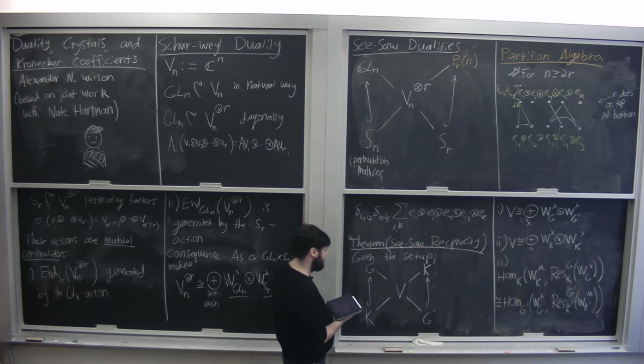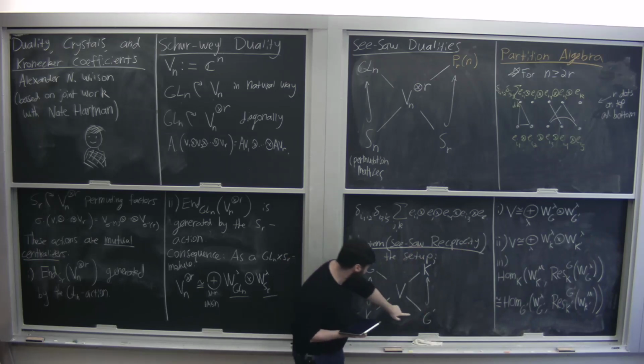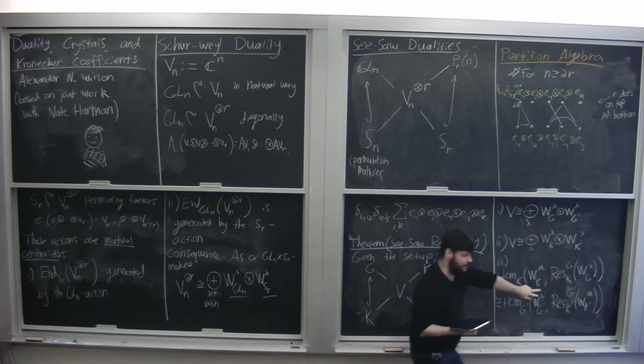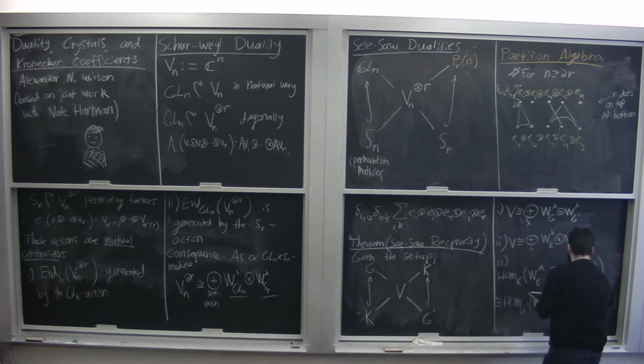Right, so both those restrictions should make sense because, yep, K sits inside G. Oh no, I think I want this one flipped, right? See, this is why it's always good to have that step where you check that everything you wrote made sense.